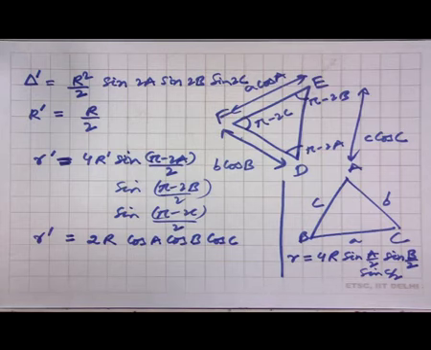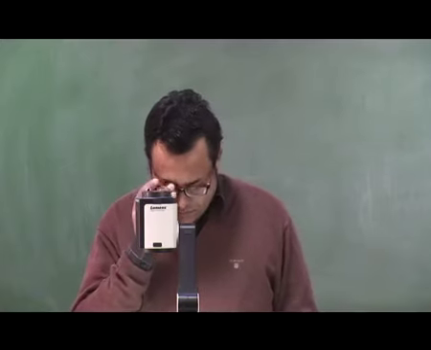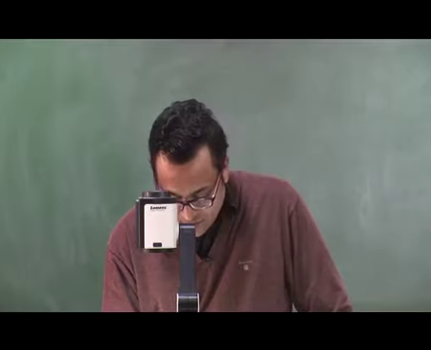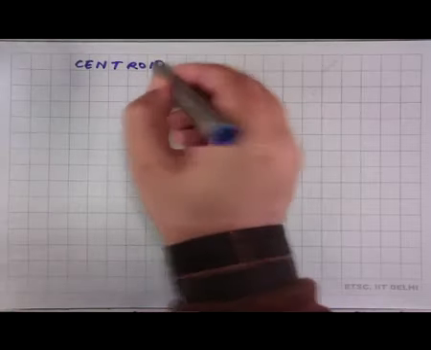So, that finishes the recap on the discussion on the ortho center of a triangle ABC. Today we are going to discuss something that is known as the centroid of a triangle.